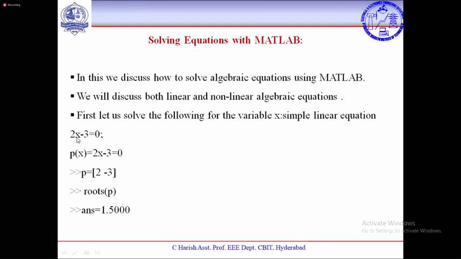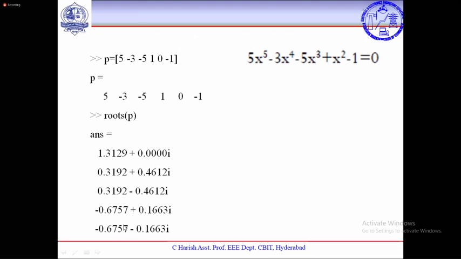Okay, just we take 2x minus 3 equal to 0. This we are writing as 2, minus 3, roots of p. It will generate what are the values of x. Okay, this is a very small thing. This thing we have done previously. P is the matrix. You are going to have the values 5, minus 3, minus 5, 1, 0, minus 1. Okay, this is the expression. For that one we are asking roots of p.